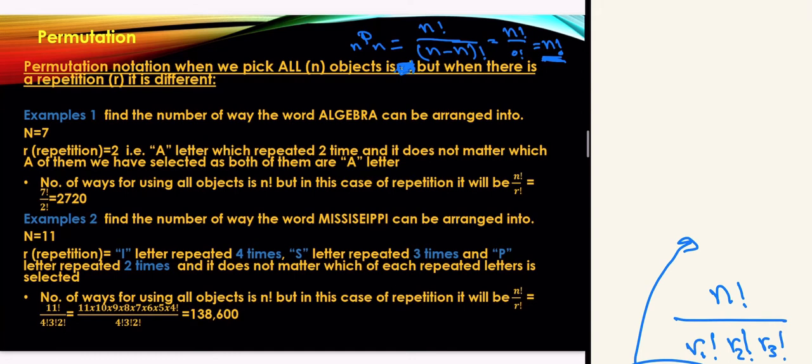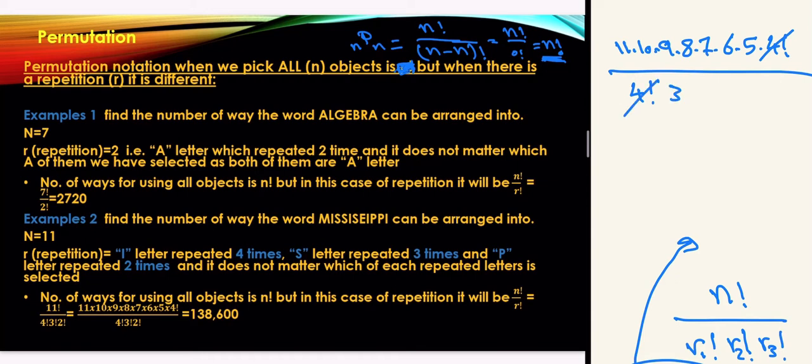It will be 11 times 10 times 9 times 8 times 7 times 6 times 5 times 4 factorial, and down here 4 factorial. So I use the biggest one of them. This 4 factorial will be cancelled with the 4 factorial in the denominator.